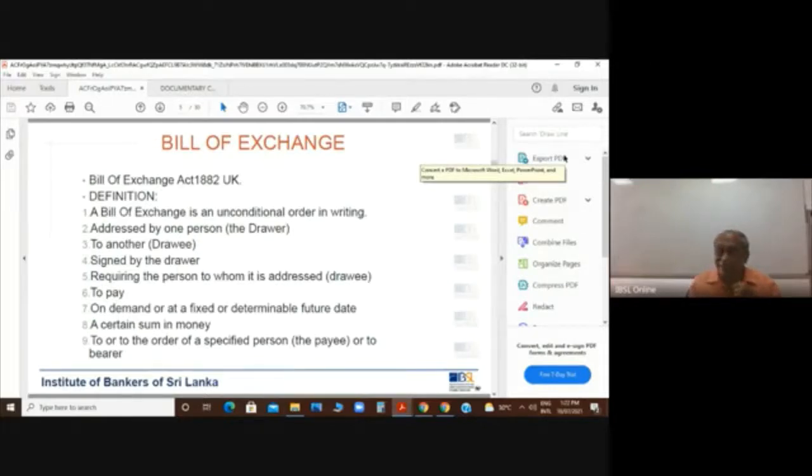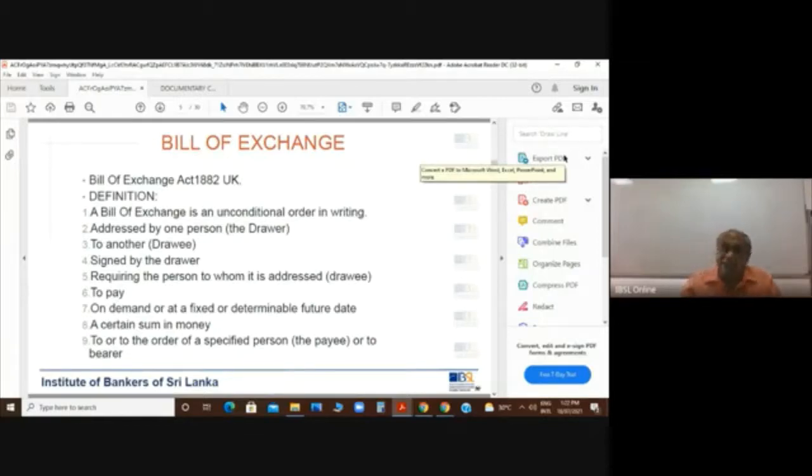Now, isn't it similar to a check? If you put today's date and sign the check and give it to a customer, he can produce it at any date before the check gets stale and get the money.